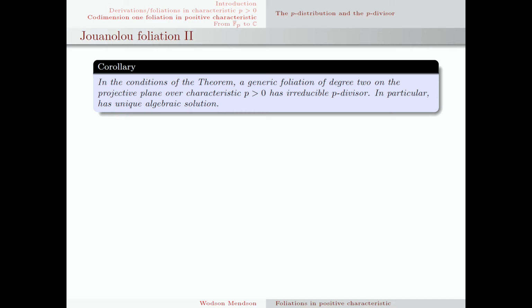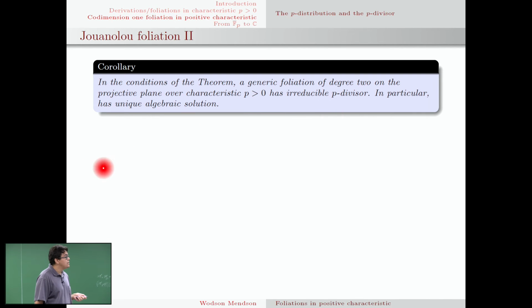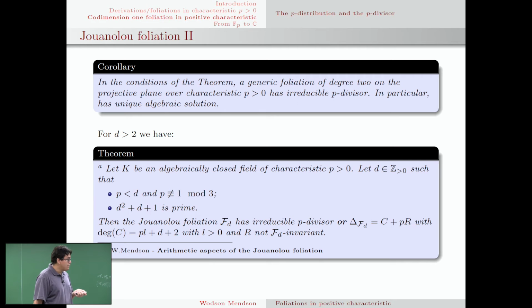So under that condition, we can conclude that the generic foliation of degree 2 in the projective plane has irreducible p-divisor. In particular, it has a unique algebraic solution. And for degree bigger than 2, we have the result here that gives you the structure of the p-divisor for the general foliation, but we have some conditions on the degree and the characteristic.